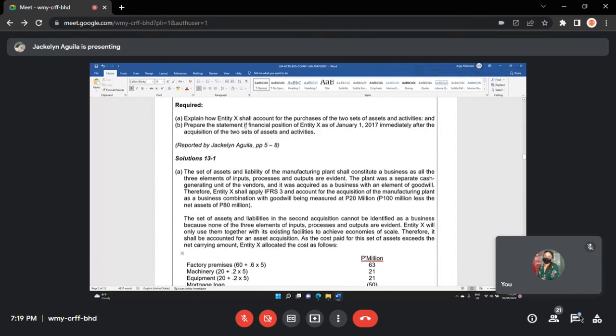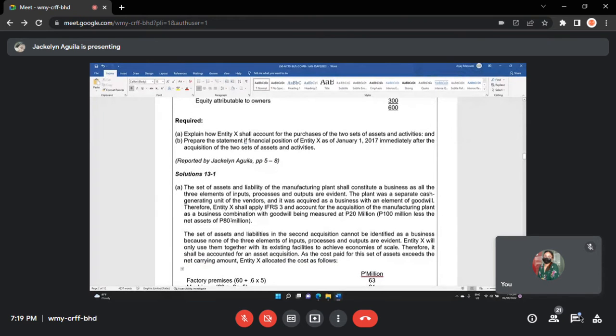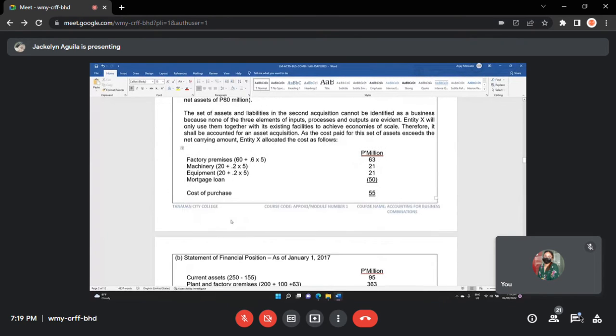So sa A po, ang hinahanap po dito yung magiging allocation po ng Entity X sa cost. So, factory premises is 63 million. Nakuha yung 63 million dahil dun sa 60, ito yung value ng factory premises.